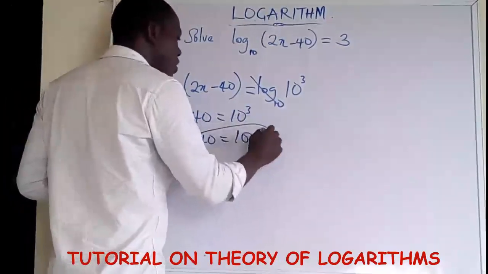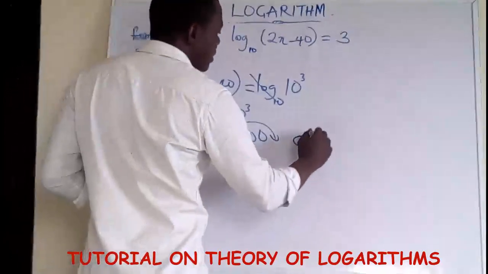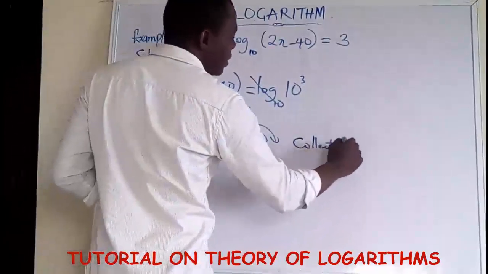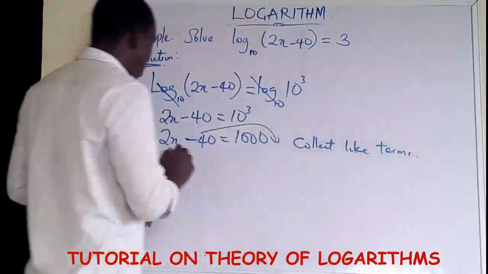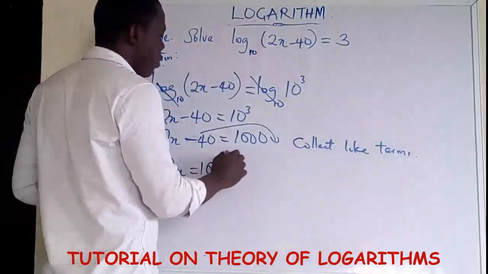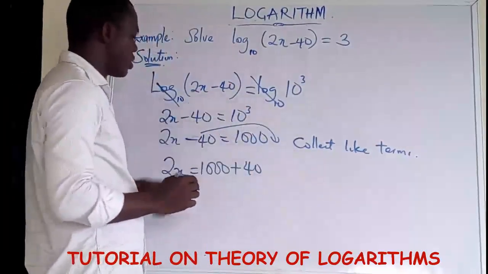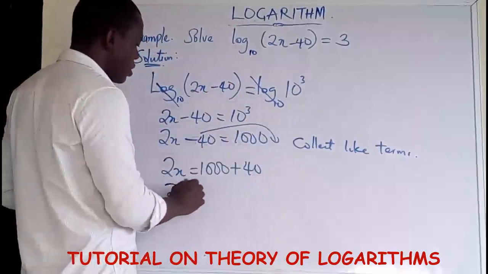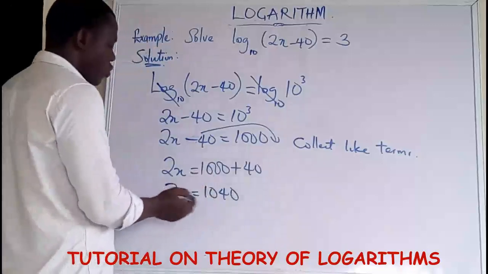So we have to transfer this one here. We are collecting like terms. So now what we have is 2x equals 1000 plus 40, because when you move 40 to this side, it will change to positive. So we have 2x equals 1040, and how do we get our x?